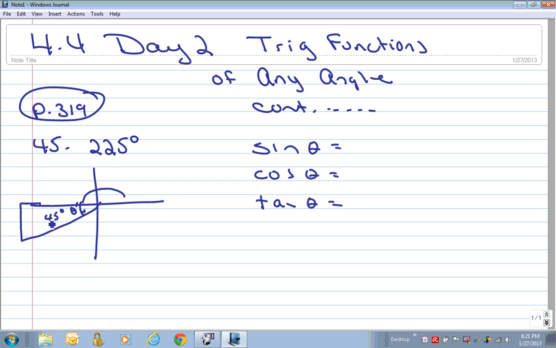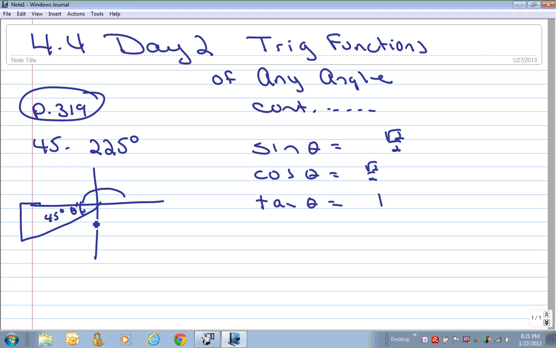That's our reference angle. So the first thing we're going to do is think of sine at 45 degrees. That's the square root of 2 over 2. Cosine at 45 degrees is square root of 2 over 2. Tan at 45 degrees is 1. But push pause. Stop for just a second and think before you move on that you have to realize that you are in the third quadrant, not the first quadrant.